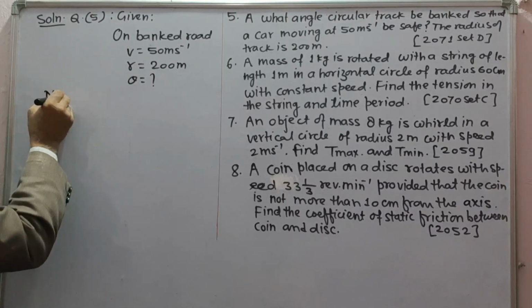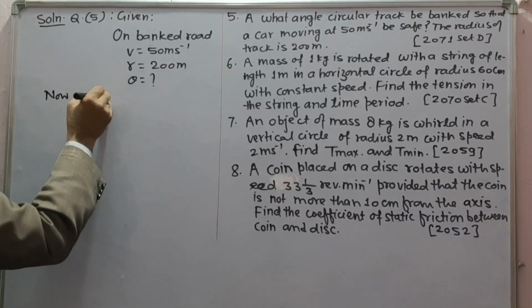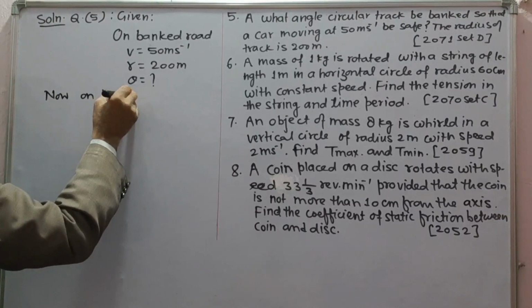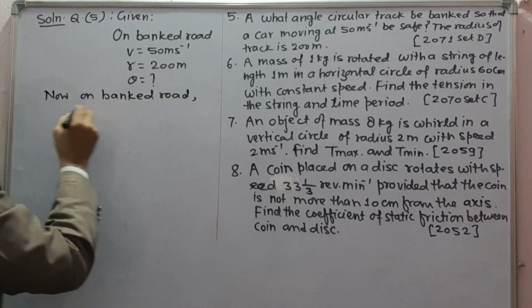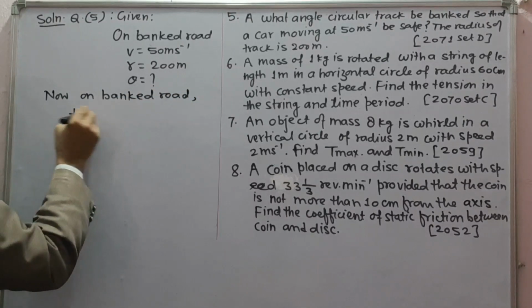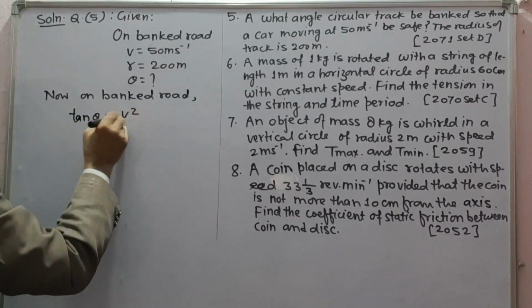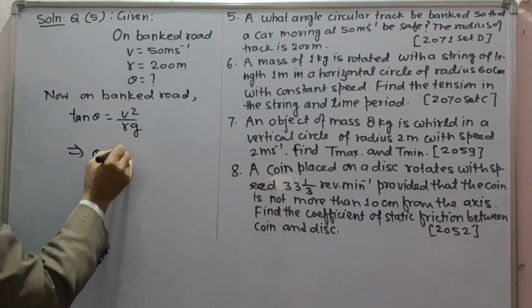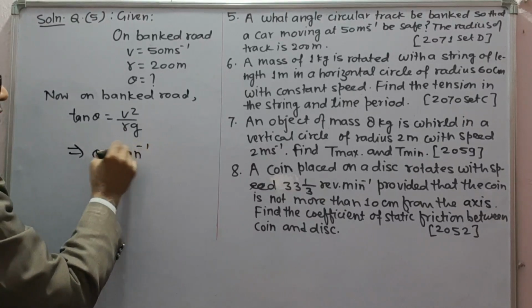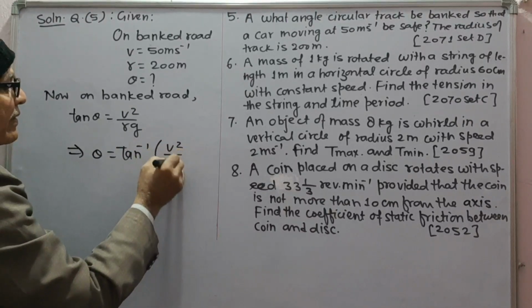Now, on banked track, on banked road, tan theta is equal to v square upon r into g, which gives theta is equal to tan inverse v square upon rg.